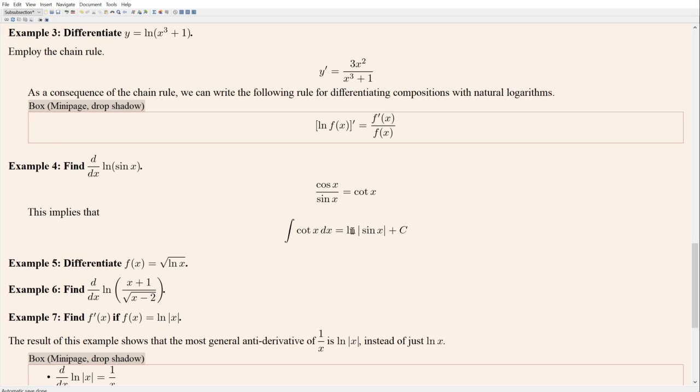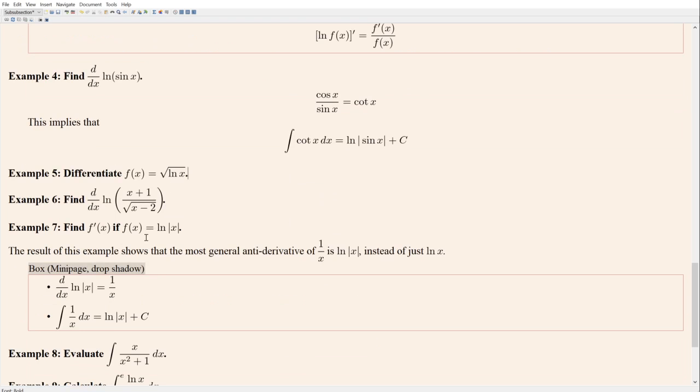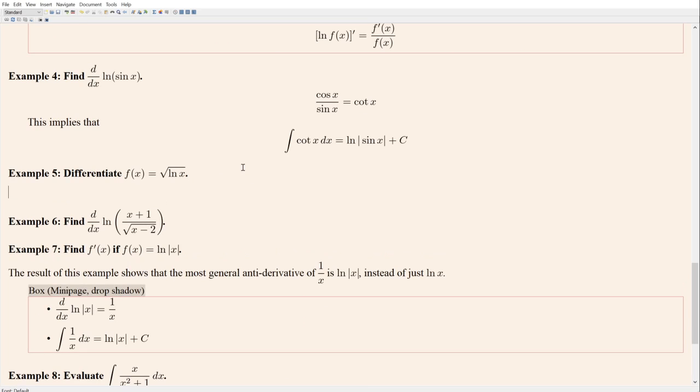So when the natural log arises as the result of an antidifferentiation, by convention, we put absolute values there, just to make sure that it's always defined. Subtle point. I mentioned that down below, in the next, after example 7. Anyway.